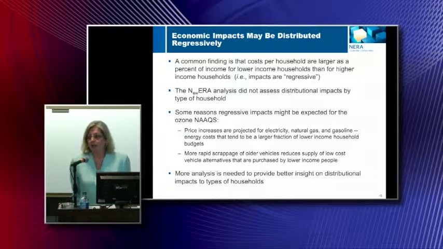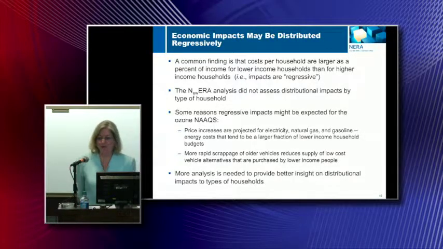It'll probably be the higher income people who take the subsidy and buy the newer car that'll be far lower NOx emitting, maybe even lower CO2 emitting, but I want to point out we're talking about NOx here and not CO2. That takes away a low-cost option for personal ownership of transportation, and it places a greater burden on the lower income households who have no choice in the matter. They're not the ones voluntarily scrapping the cars.